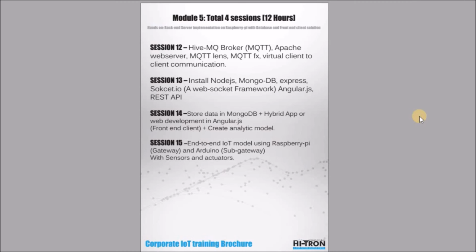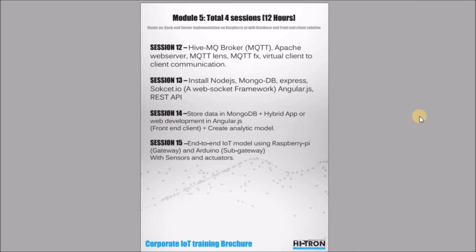The last one is session number 15, where we would learn an end-to-end IoT model using Raspberry Pi as a gateway, and the Arduino that we have used in the earlier modules. Arduino will be working as a sub gateway, and Raspberry Pi will be the central gateway.